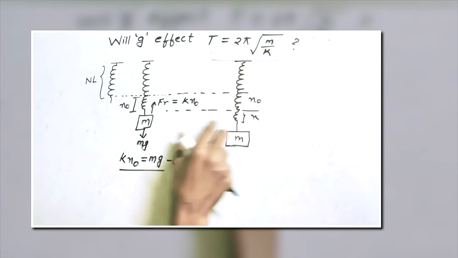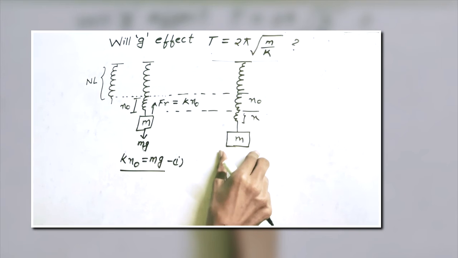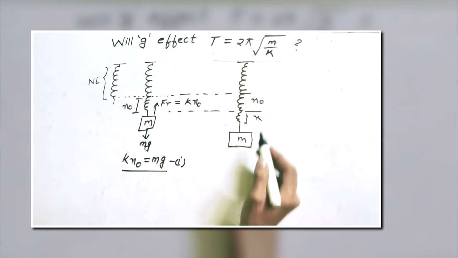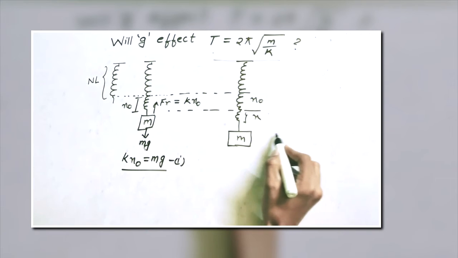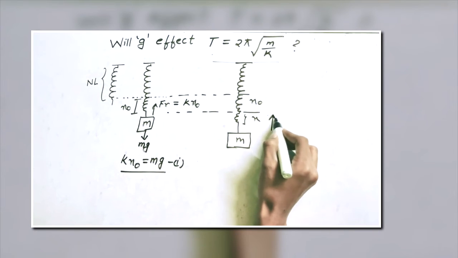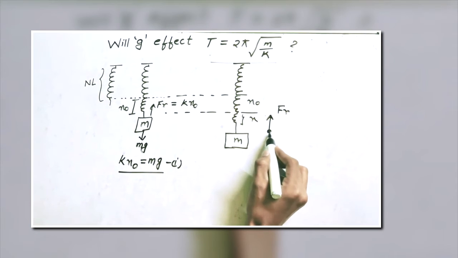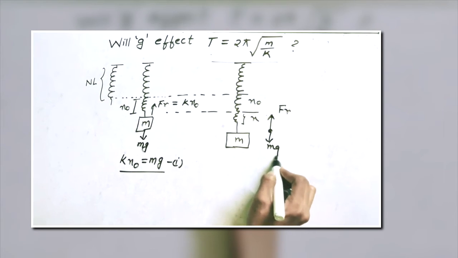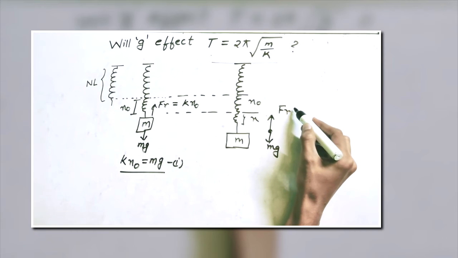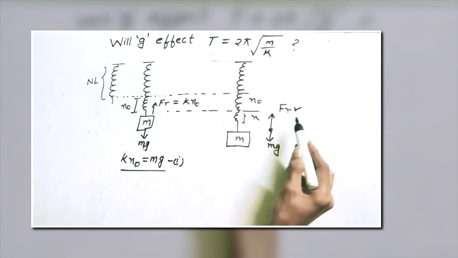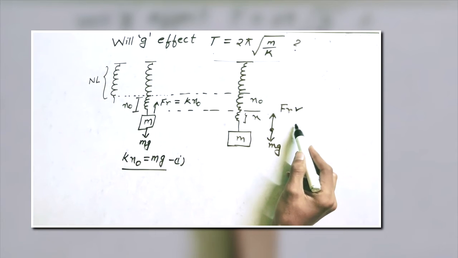Now we have displaced it by x and released it, it will undergo SHM. So let's write equations for it. On this block we will have a restoring force by this spring upward. We will have mg downward. So obviously this restoring force will be greater than this mg. So that is why it will perform a harmonic motion.